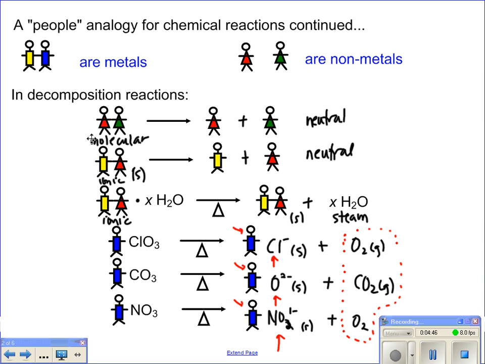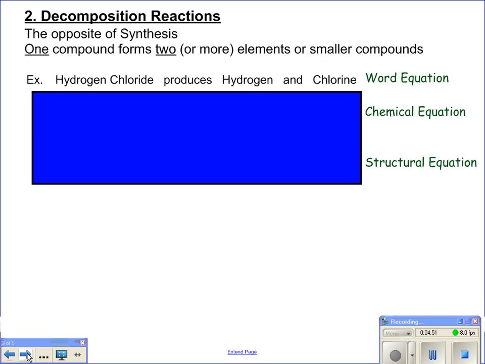So let's dive into some examples of looking at these different decomposition families. Again, as I mentioned at the beginning, decomposition is the opposite of synthesis, where we have one compound that breaks down or decomposes into two or more elements, or they could be smaller compounds as well. So our first example is a molecular compound.